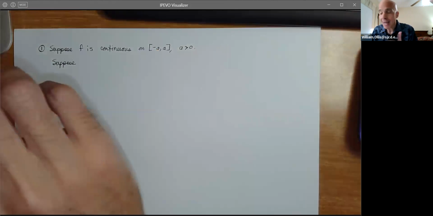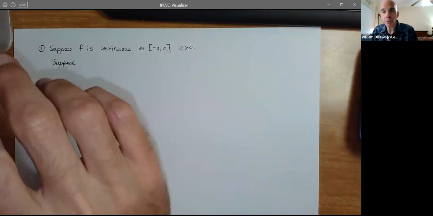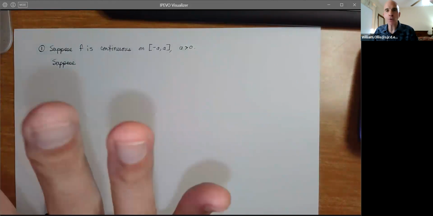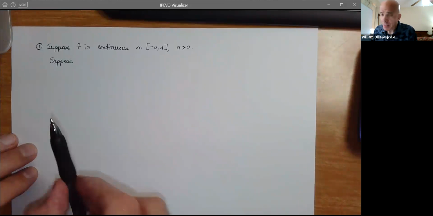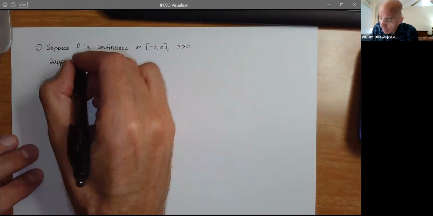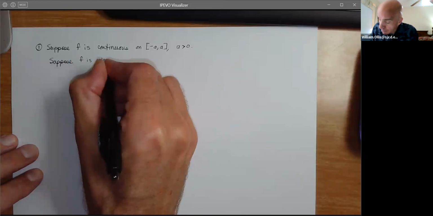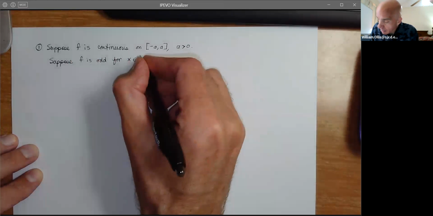Or you can have an interval that is symmetric that has certain symmetric numbers deleted, like maybe -2 and 2 are deleted. As long as you have the full complement of the interval, then you're fine. Now, suppose f is odd for x in this interval.